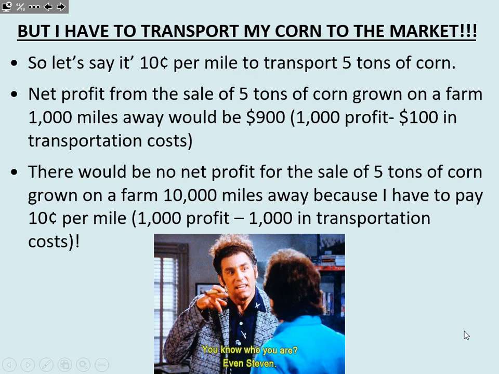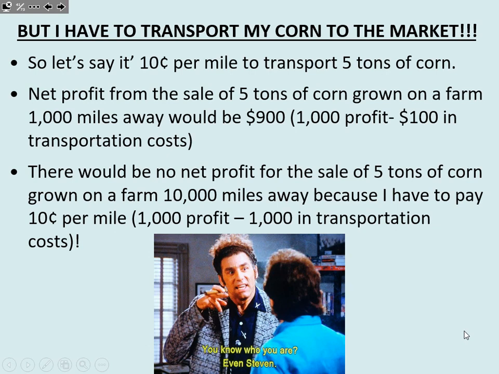Essentially, beyond 10,000 miles, corn wouldn't be profitable because the cost of transporting it exceeds my gross profit. So we go back to what we said at the very beginning. Our mathematics show that farms located closer to the market tend to select crops with higher transportation costs per acre. At a certain point, it's just not profitable.